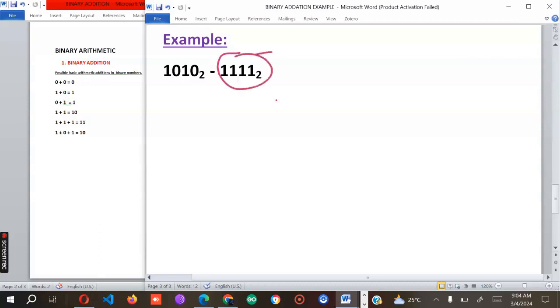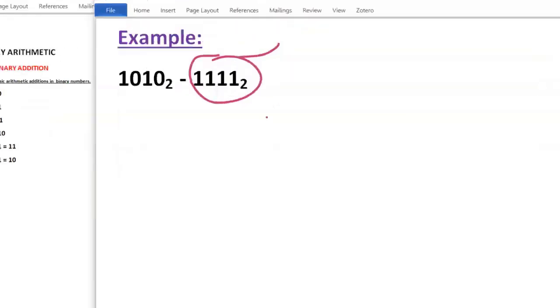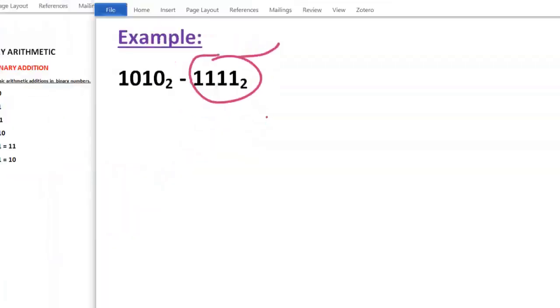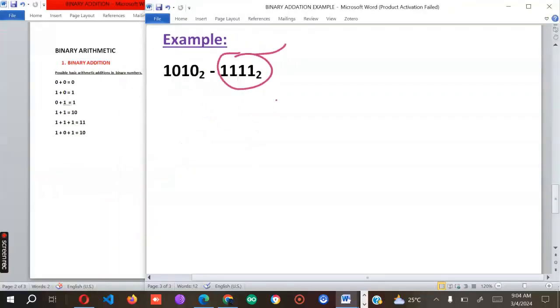After converting this one, it will be equivalent to 0, 0, 0, 0, 0.